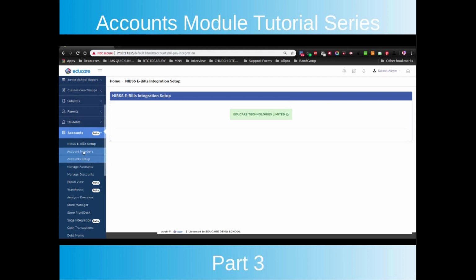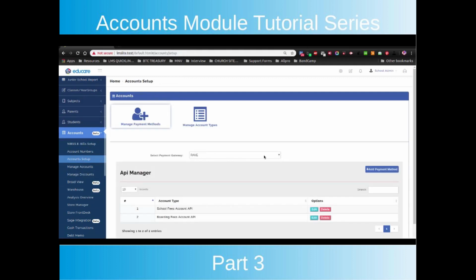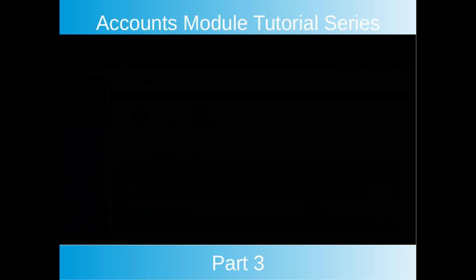And now we have gotten to account setup. Under account setup, we have taken care of management of payment methods, and the payment methods we have added so far are 2 accounts on Rave and 1 on Paystack.